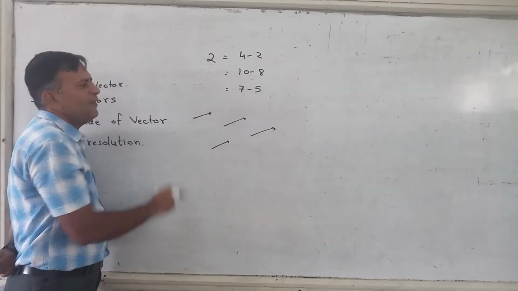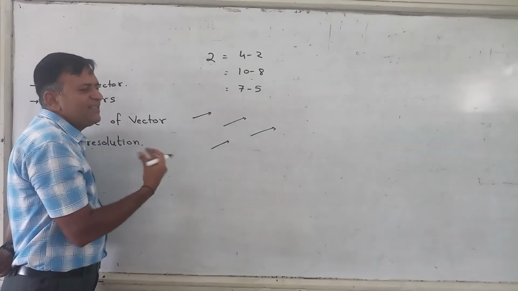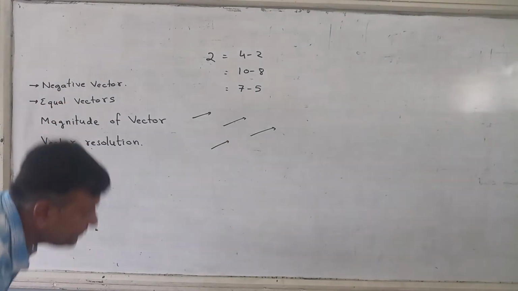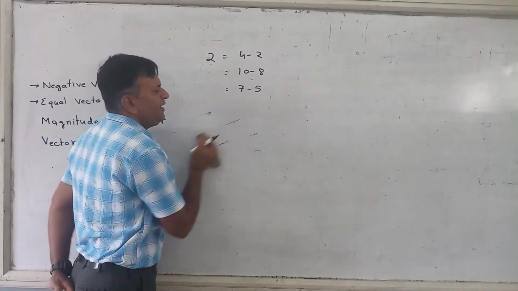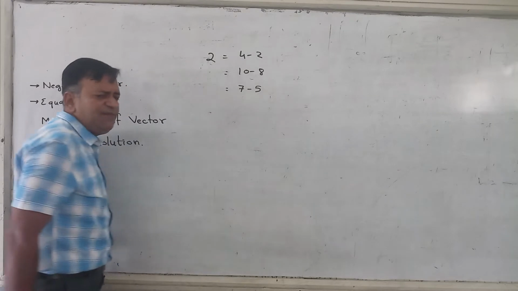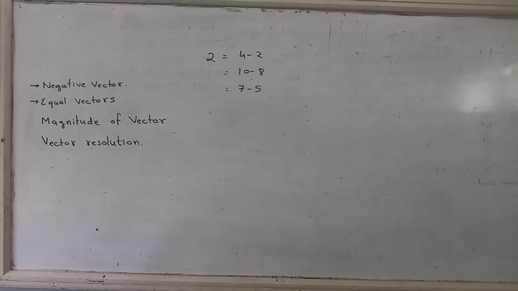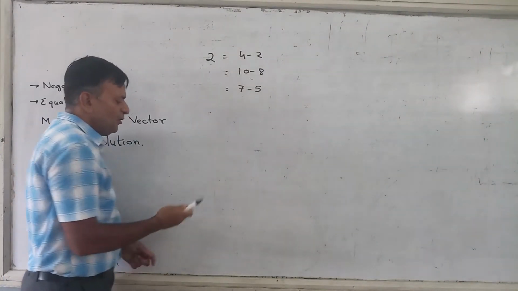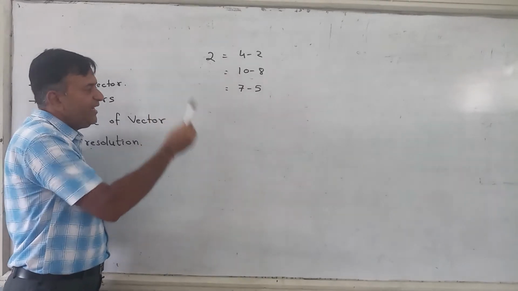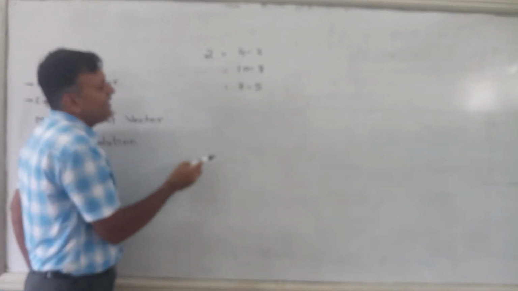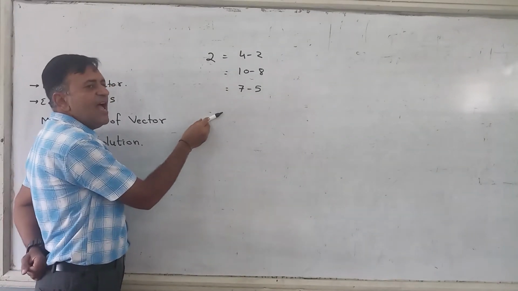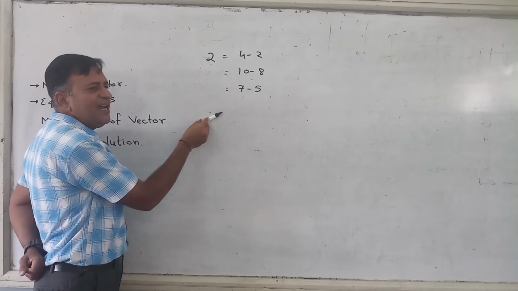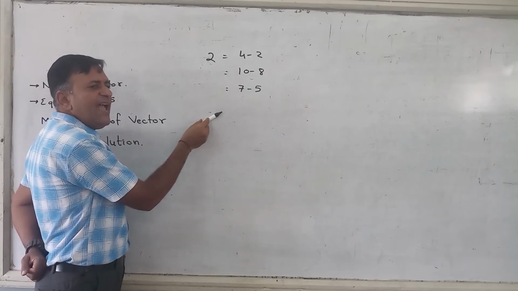And the consequence of this is one vector can be transferred anywhere in our coordinate system. Suppose this marker is a vector. I can shift this vector parallel to itself anywhere.